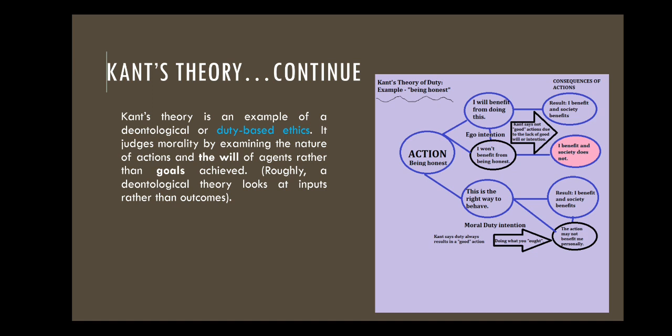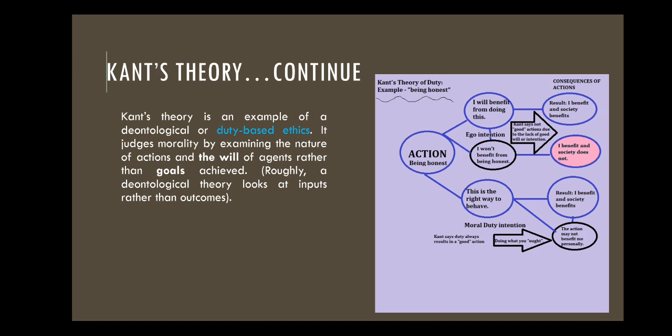Kant's theory is an example of a deontological or duty-based ethics. It judges morality by examining the nature of actions and the will of agents rather than the goal achieved. Roughly, a deontological theory looks at inputs rather than outcomes. So remember this, Kant's theory is a deontological theory.